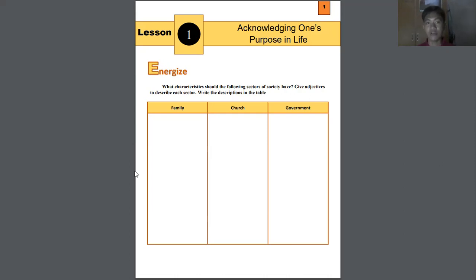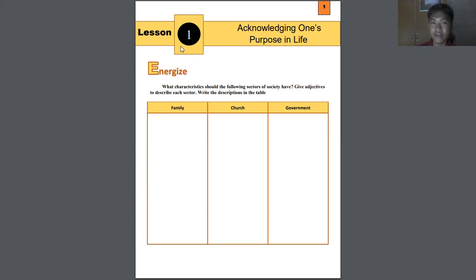So there's a table. Whenever you give an instruction or a direction, you should be able to put the necessary things needed for them to perform the activity. And right above the preliminary activity is the title of the lesson.